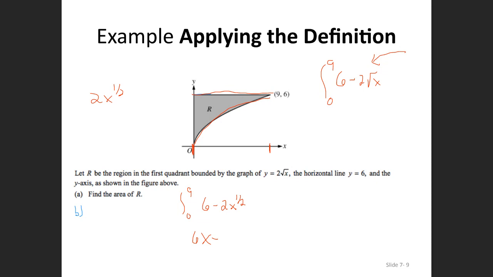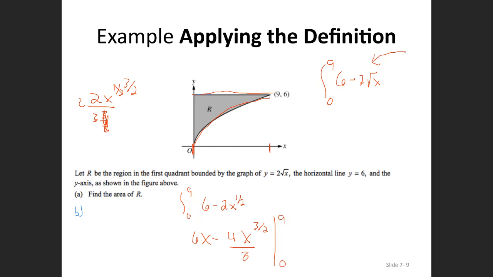If I add 1 here, I get 3/2. So that would be over 3/2, or multiply by 2/3. That would be the same thing. So I have 4x to the 3/2 over 3 on the interval from 0 to 9.